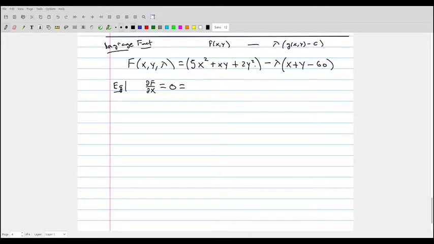When we take the partial derivative of this with respect to x, we get the equation 10x plus y minus lambda is equal to 0, or y is equal to lambda minus 10x.